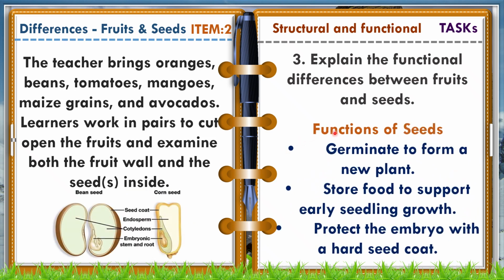Let's now look at the functions of seeds. The seed germinates to form a new plant. It stores food to support the early seedling growth, and it protects the embryo with a hard seed coat.